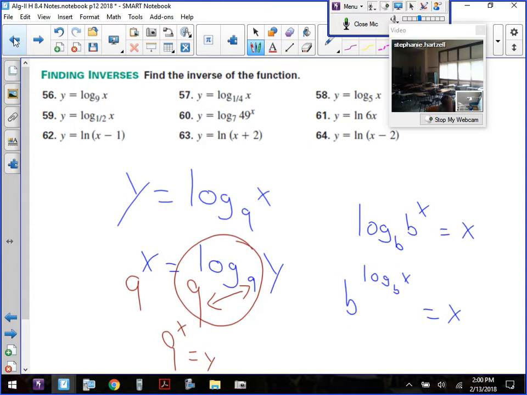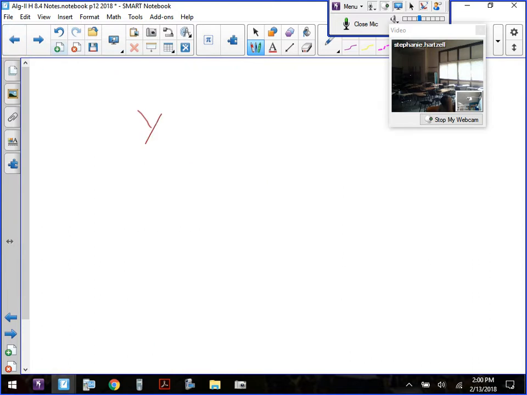What you would do is you change the base of the 49 to be a base 7. So with that one, you've got y equals the log base 7 of 49x. In order to make any of that work, you got to get that 49 to have a base 7. So we know 49 is 7 squared, so you would just write it as 7 to the 2x.